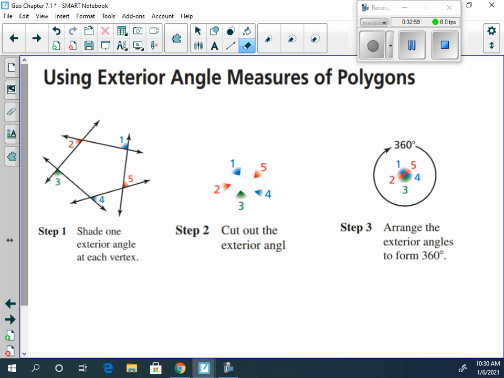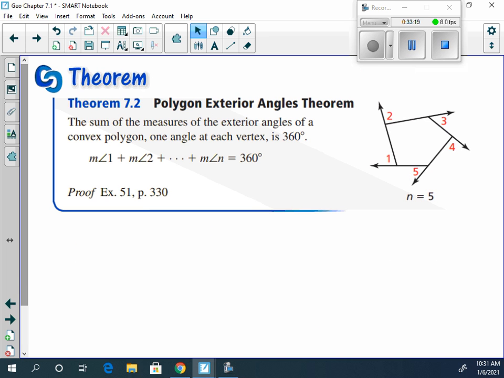So the sum of the exterior angles is 360 degrees. Okay? You okay with that so far? Okay. So the sum of the measures of the exterior angles of a convex polygon, one angle at each vertex, is 360 degrees.